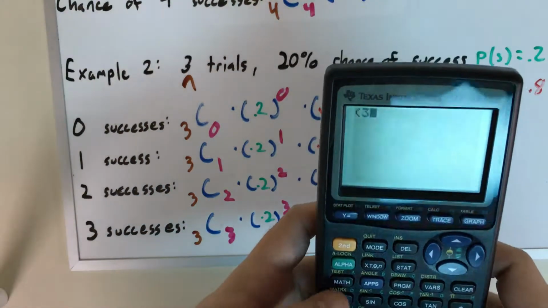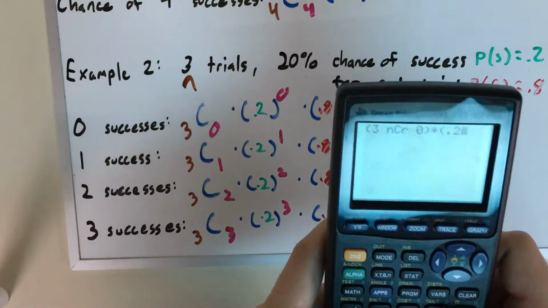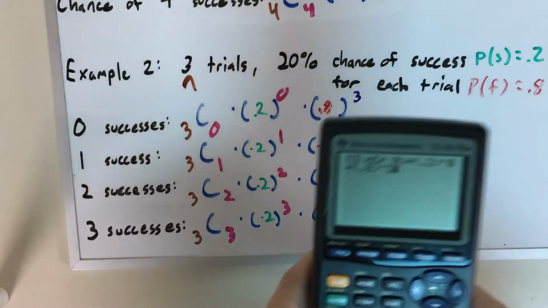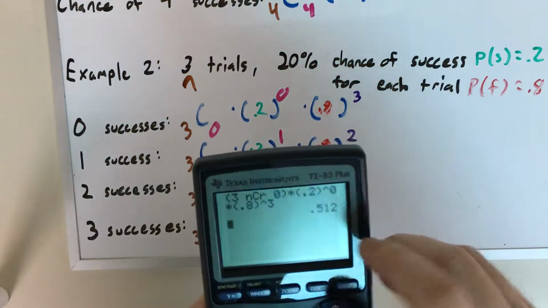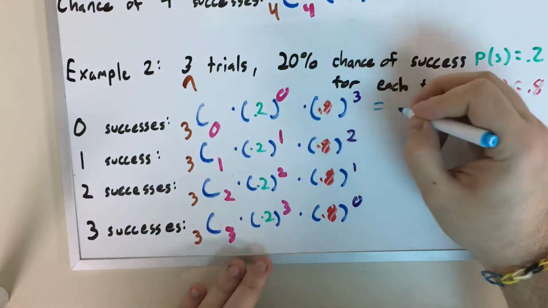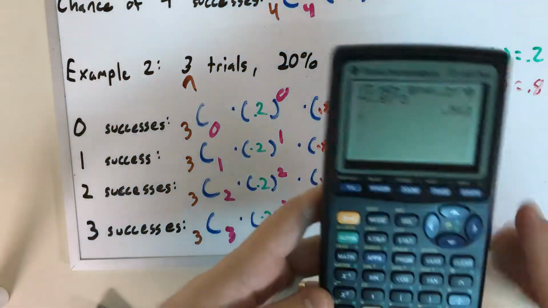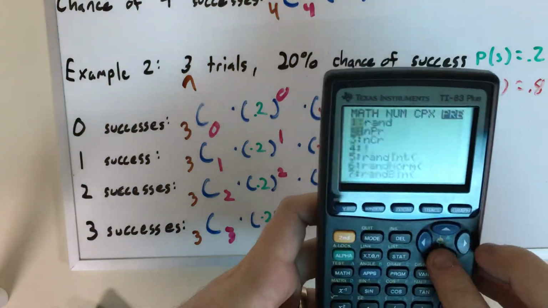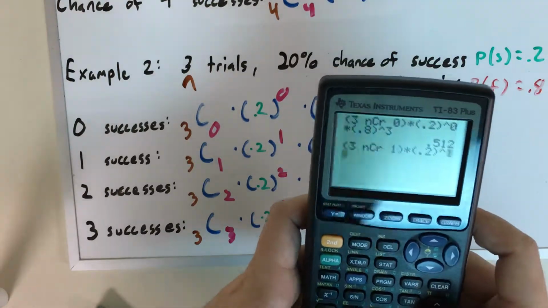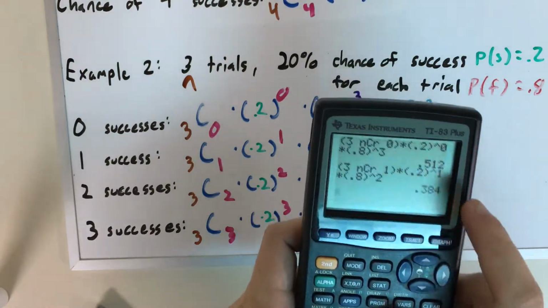So we start with 3 choose 0 times 0.2 to the 0 power times 0.8 to the 3rd power. For 0 successes, we have a probability of 0.512. For 1 success, 3 choose 1 times 0.2 to the 1st power times 0.8 to the 2nd, 0.384.